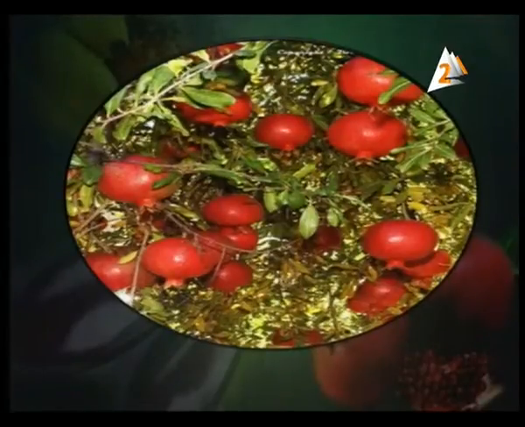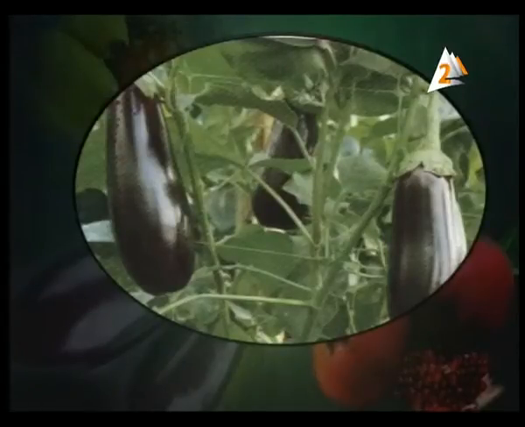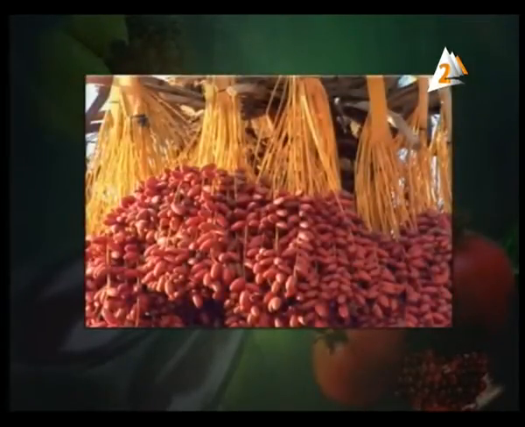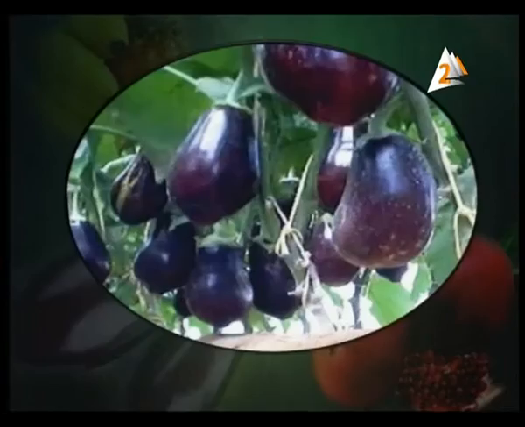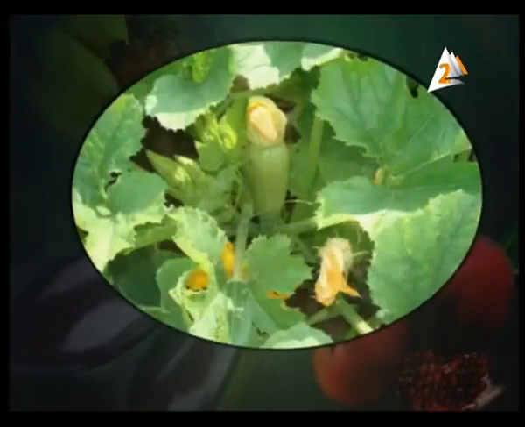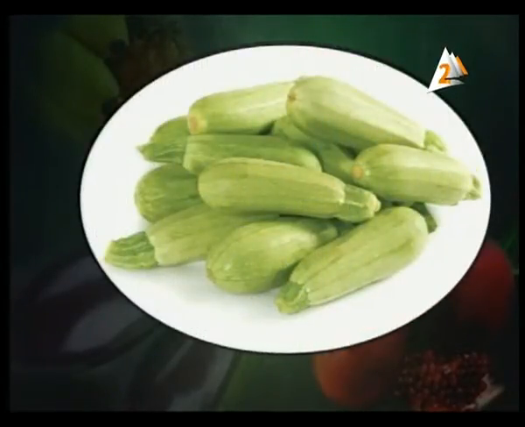Another type is where the calyx remains, as in the eggplant and the date fruit. The caps, the green leaves found on the eggplant here, are part of the calyx. The corolla leaflets, as in the marrow fruit, we find them in this part.